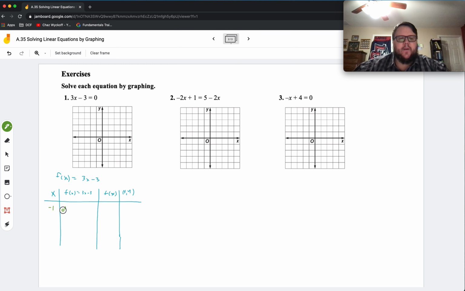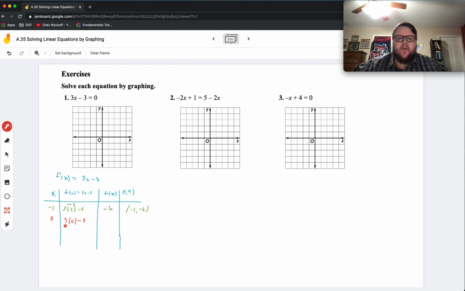Negative 1, so I get 3 times negative 1 minus 3. Well, 3 times negative 1 is negative 3. So I get negative 3 minus 3, which is negative 6. So my pair is negative 1 comma negative 6. Now I'm going to try 0. 3 times 0 minus 3.